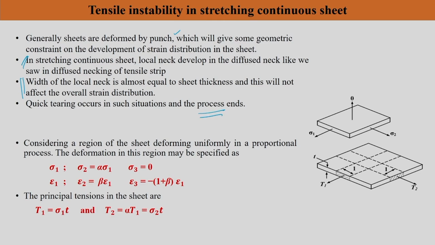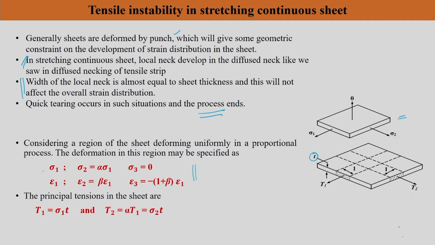If you want to analyze that, as usual we take a sheet undergoing deformation in this state of stress. You have sigma 1, sigma 2, and sigma 3 is generally considered as 0 because of plane stress. Sigma 1 will give rise to T1, sigma 2 will give rise to T2, for a particular thickness. This represents the state of stress and strain for a proportional process.